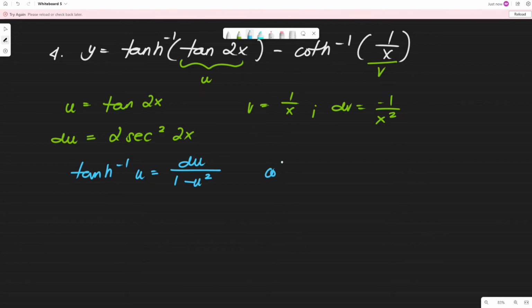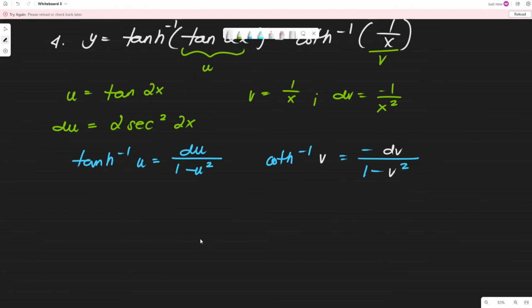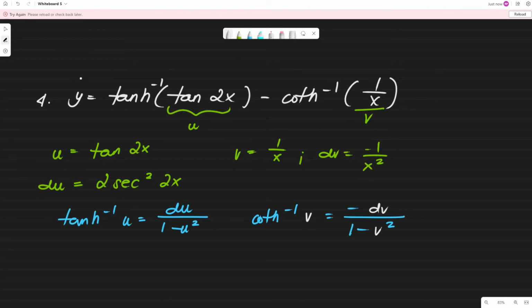Then for arc hyperbolic cotangent u naman, that is negative du over 1 minus u squared. Okay? Or dv, no? Kasi v pala yung ginamit natin. Lagi ko nakakalimutan. Ayan. So, v, dv, and okay na kahit iba color. No? So, let us substitute. Let us operate this one muna.